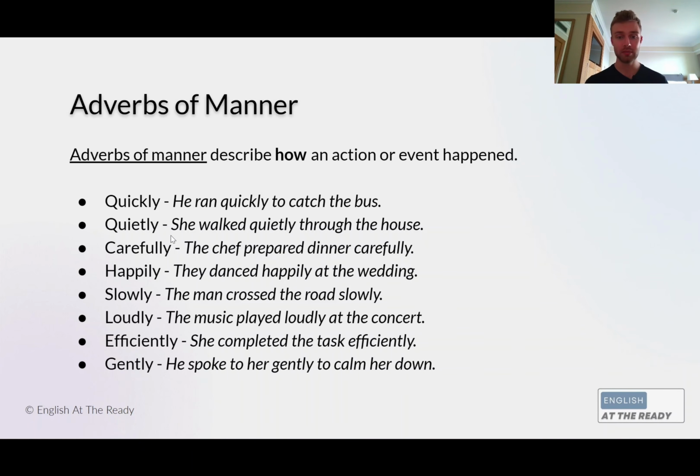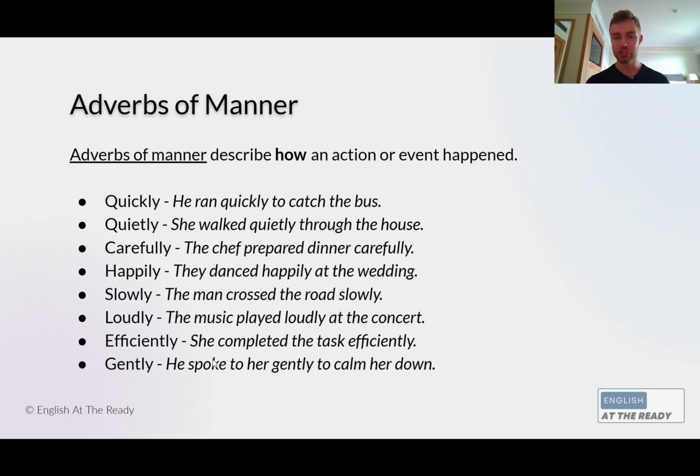Or quietly, she walked quietly through the house. So how was she walking? She was walking quietly. Carefully, the chef prepared dinner carefully. Happily, they danced happily at the wedding. Slowly, the man crossed the road slowly. Loudly, the music played loudly at the concert.